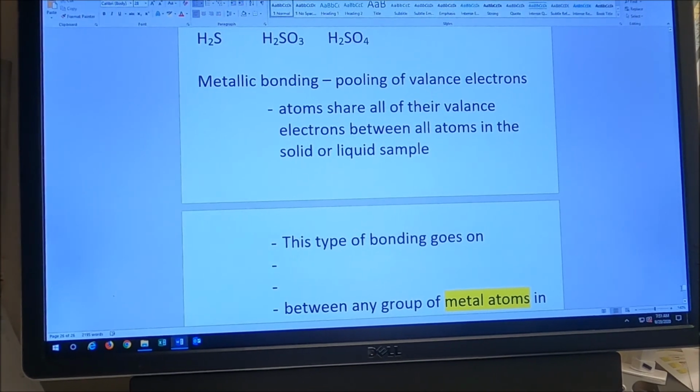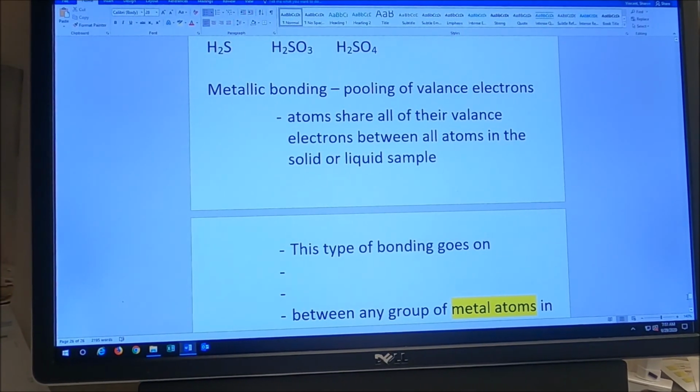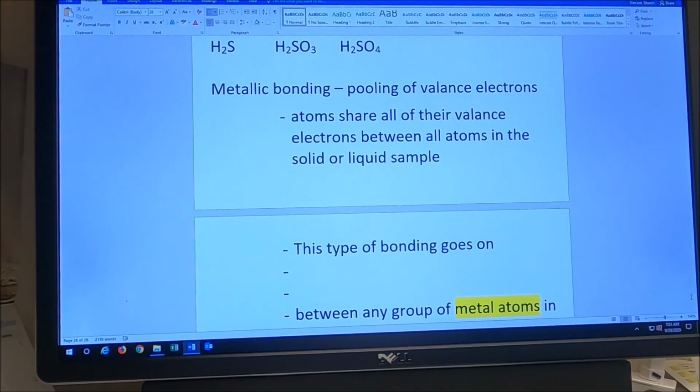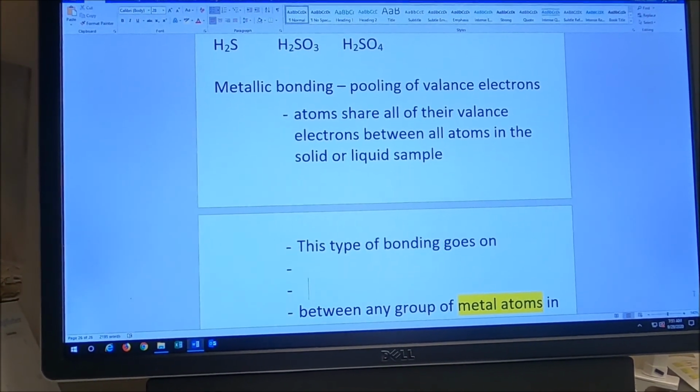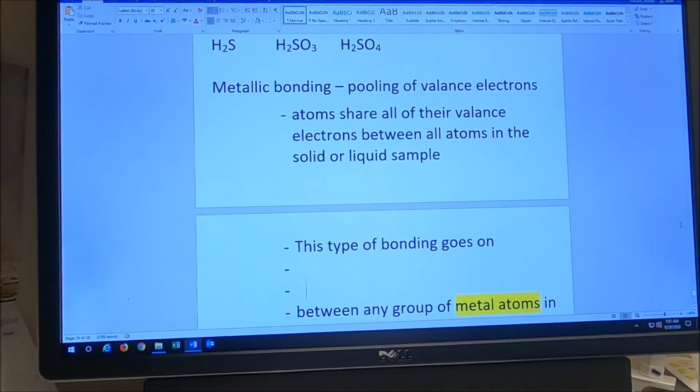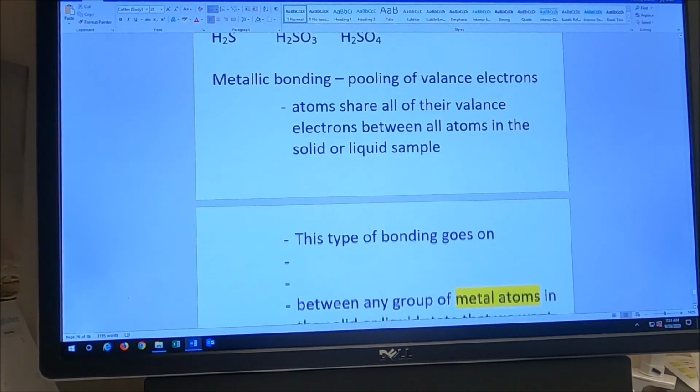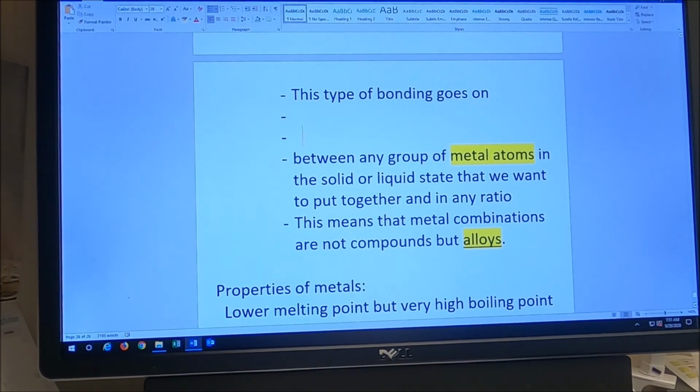Metallic bonding is pooling of valence electrons. Atoms share all of their valence electrons between all the atoms in the solid or liquid phase. This bonding then goes on between groups of metal atoms, in the solid or the liquid phase.